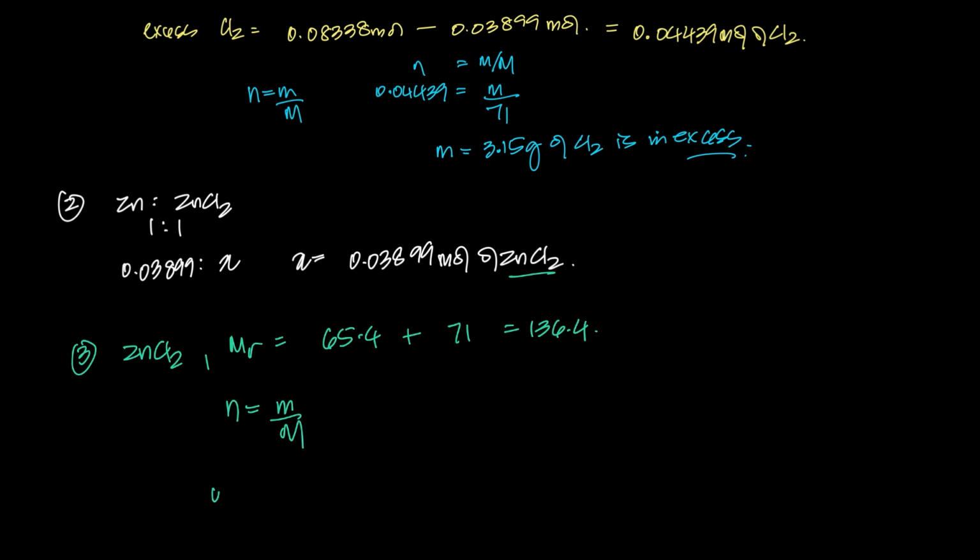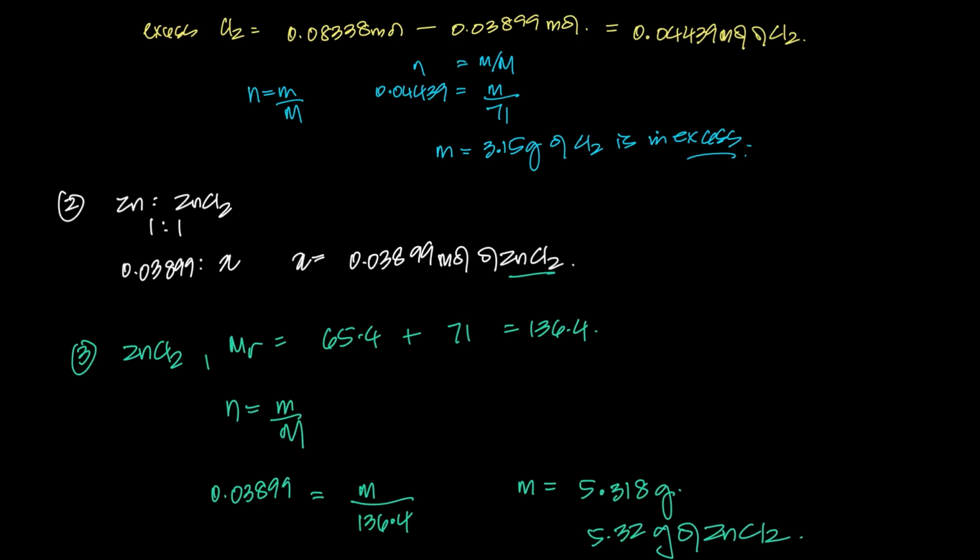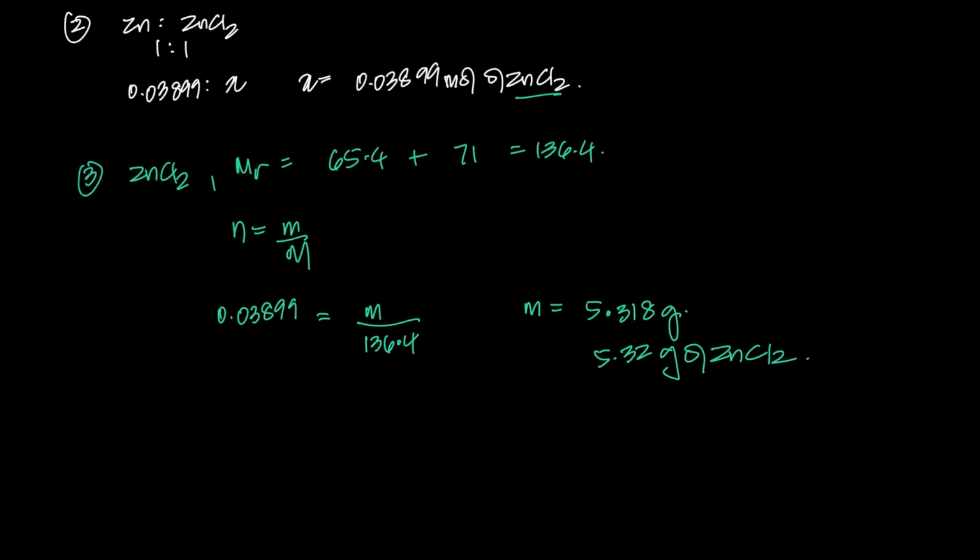So 0.03899 moles of zinc chloride, and molar mass is 136.4. So the mass comes out to 5.318 grams, which can also be rounded off to 5.32 grams of zinc chloride, because the final answer is to 3 significant figures. All right, that's a nice question. Now one more.